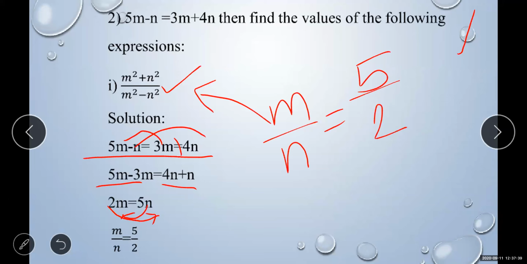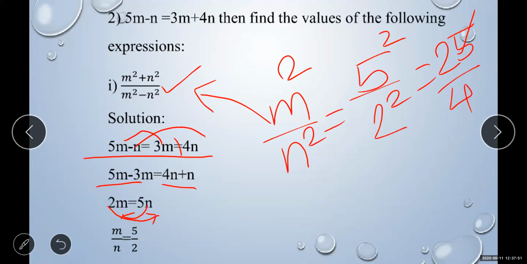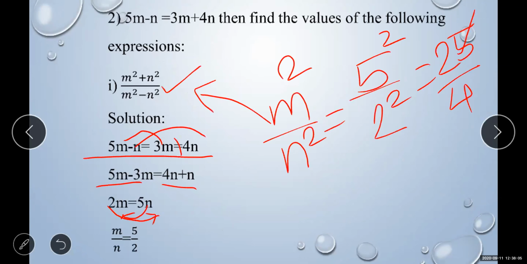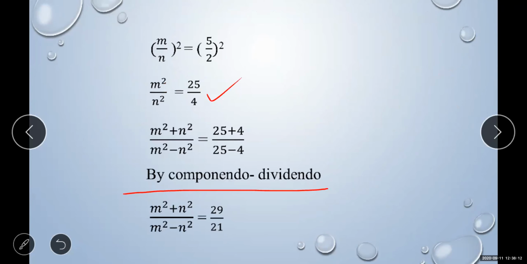As we got the proper ratio, we can find this one. How will you find it out? We need squares here. So take the square, simple. 5 square is 25. 2 square is 4. Now here we got m square upon n square is equal to 25 upon 4. Now by componendo dividendo, because in the question the numerator has addition and the denominator has subtraction, apply componendo dividendo.